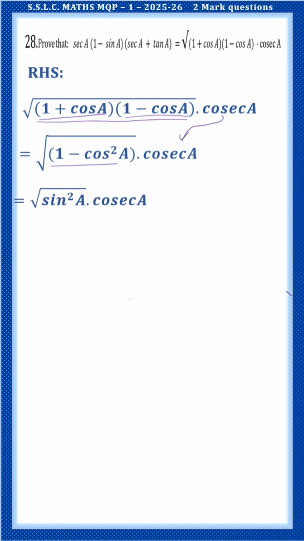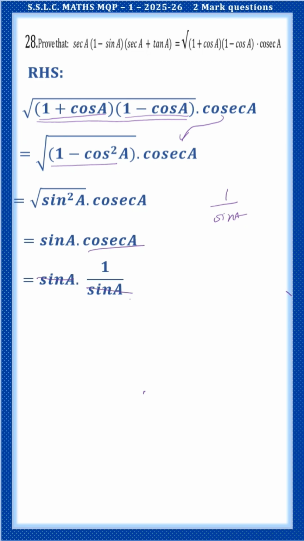Square root of sin square A is equal to sin A, into cosecant A. Now we can change cosecant A into 1 over sin A, because cosecant A and sin A are reciprocal ratios. Here sin A in the numerator and sin A in the denominator get cancelled. That is equal to 1. So LHS is equal to RHS, hence proved.